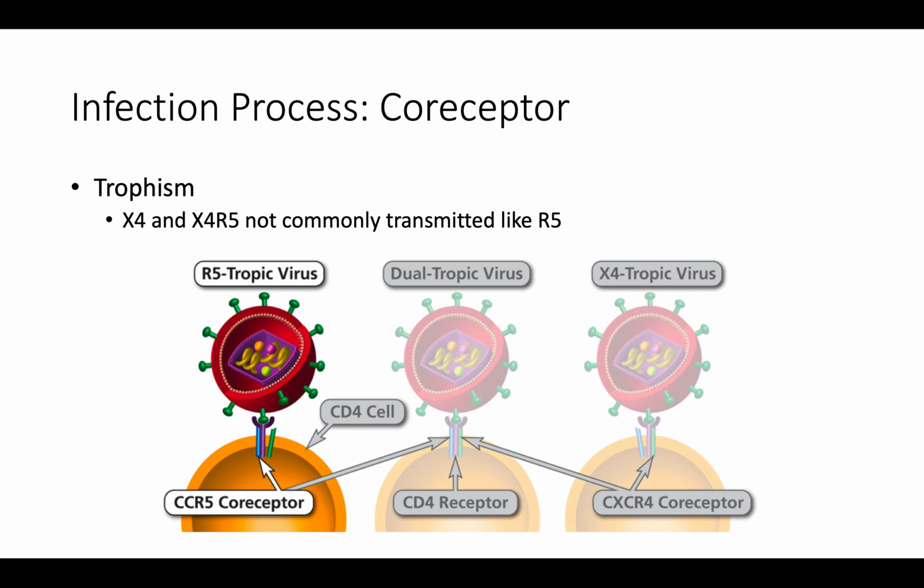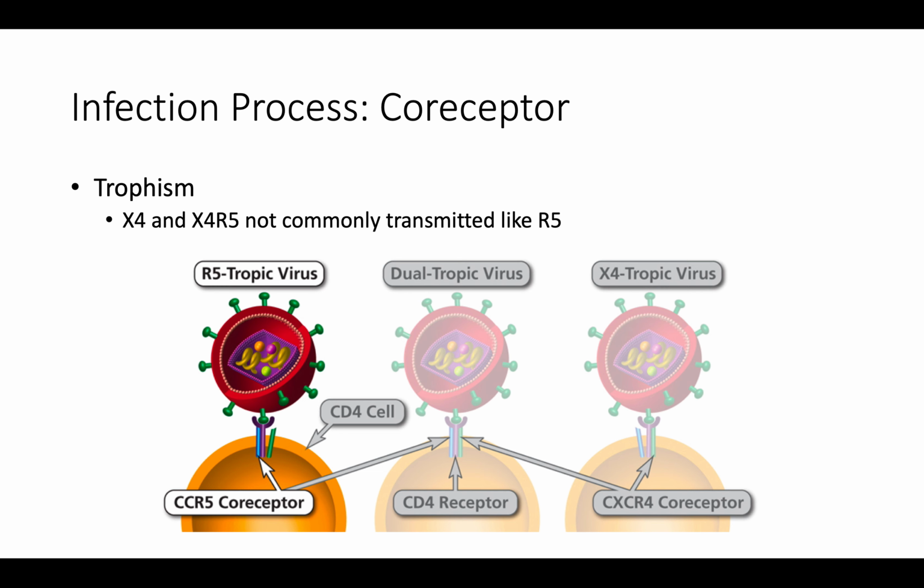So I mentioned a co-receptor earlier. In R5 tropic HIV, the second loop attaches to CCR5. In X4 tropic HIV, it attaches to CXCR4. And in X4R5 tropic HIV, it can attach to either.